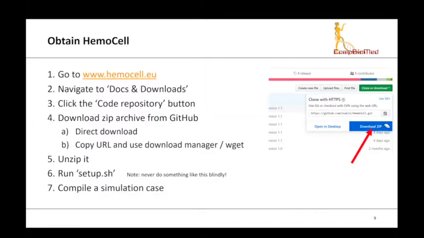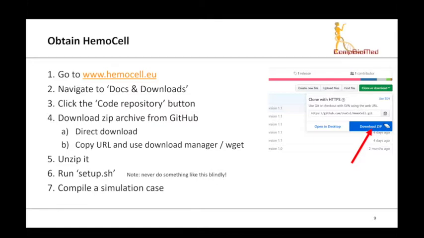Quickly about how to get HemoCell. As I've mentioned before, you can download it from its website. If you navigate to Documents and Downloads, there you will find various options to download it. Now we will use the direct code repository download, which means that it will redirect you to GitHub, where you can find a download button that will create a compressed archive of the full source code.